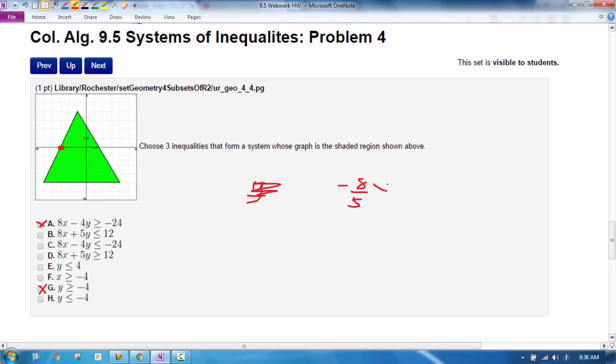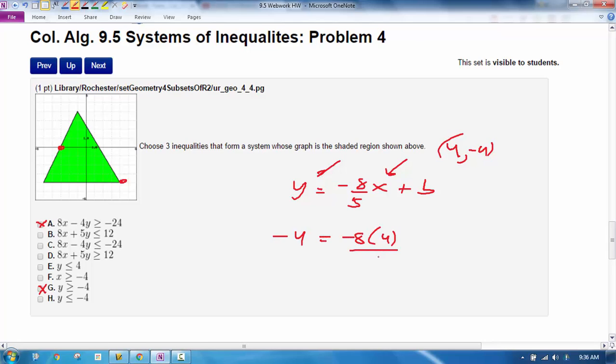So it's y equals mx plus b. I'll use this point down here as a point. So that goes over 1, 2, 3, 4, down 4. So 4, negative 4. I'm going to plug that in for x and that for y to solve for b. So negative 4 equals negative 8 times 4 over 5 plus b.